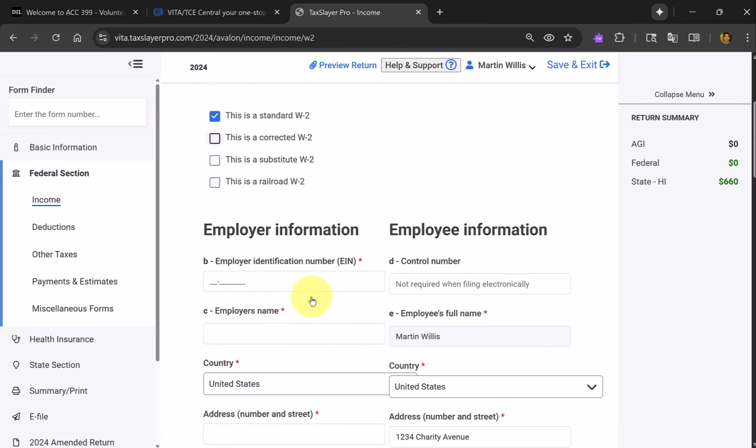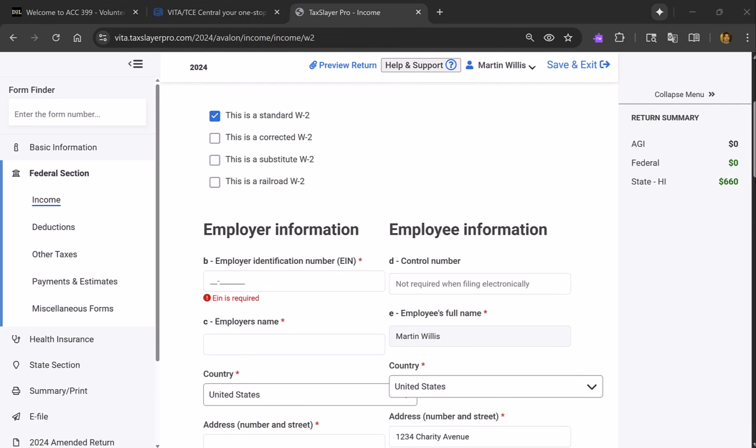Regular standard W-2 form. So I'm looking on another screen at Martin's W-2 form. And the first thing it's asking is the employer's ID number. And again, I'll use the same last four digits.